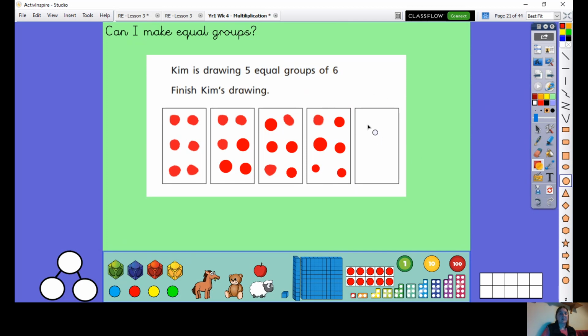And then this last one's got none in it, but we know it needs to have 6. 1, 2, 3, 4, 5, 6. So I would then say there are 5, 1, 2, 3, 4, 5. There are 5 equal groups of 6 dots, or 6 counters they might have been.